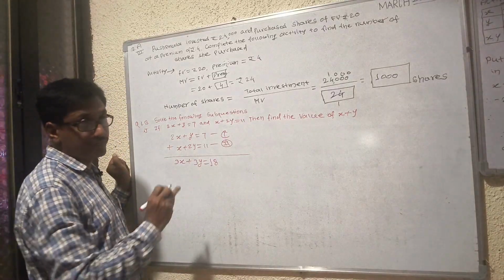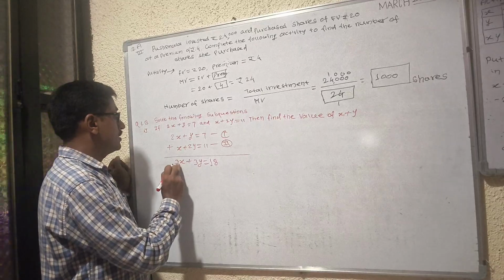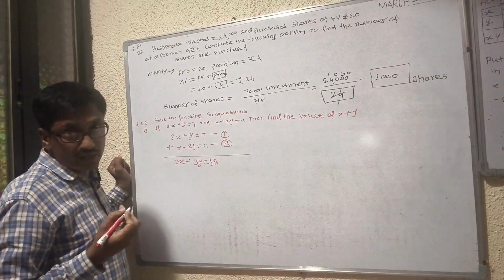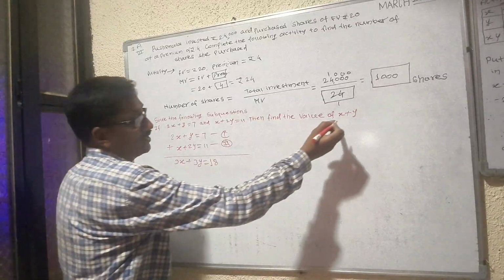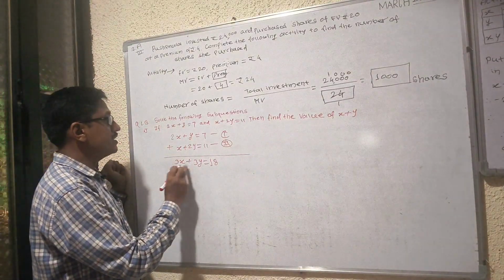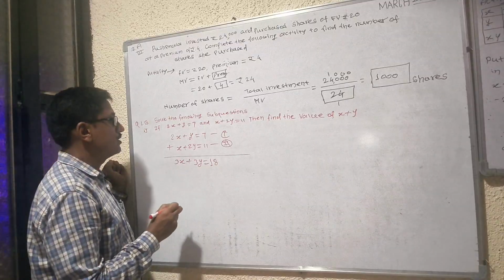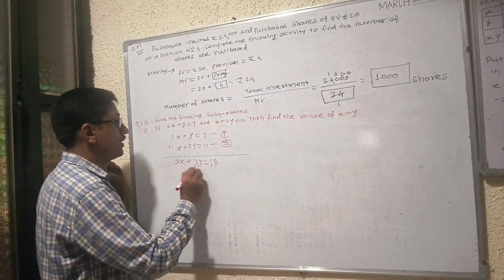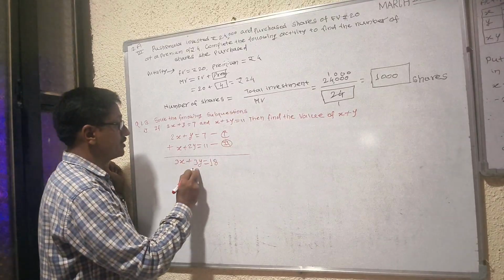We get the equation 3x plus 3y is equal to 18. What do we have to find? x plus y. So the 3 is to be removed. We divide both sides by 3.